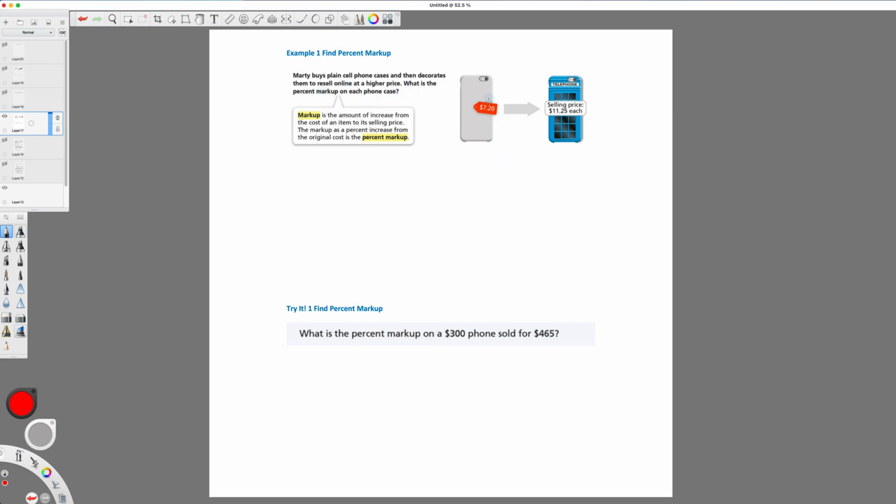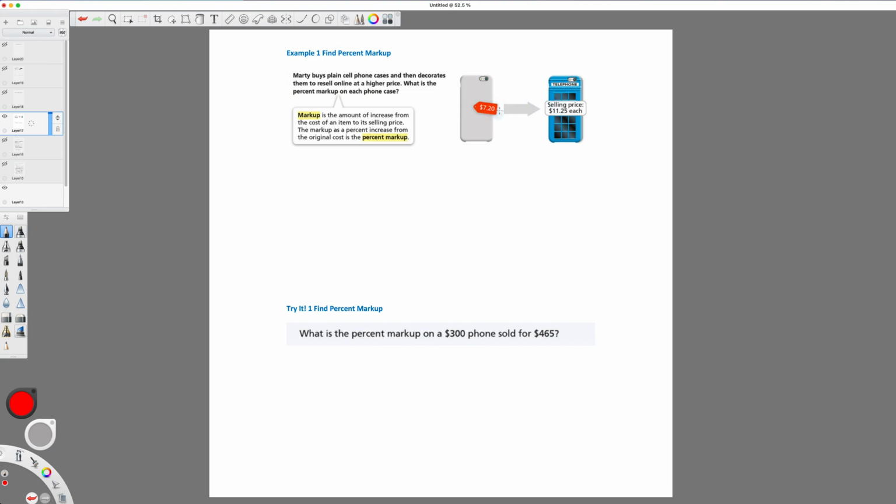So we can see from this diagram, he buys it for $7.20, just a blank cell phone case here. He gussies it all up with some graphics and he sells it, and we can see how much he adds on to the price.